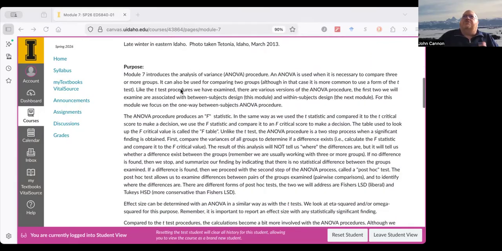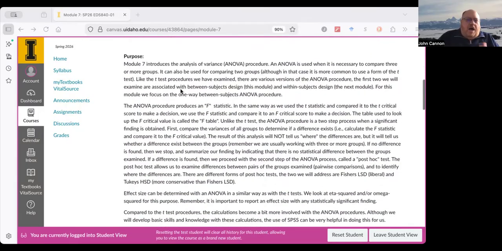So let's go into Module 7. Module 7 introduces the analysis of variance, ANOVA, procedure. An ANOVA is used when it is necessary to compare three or more groups. It can also be used for comparing two groups, although in that case it is more common to use a form of the t-test.